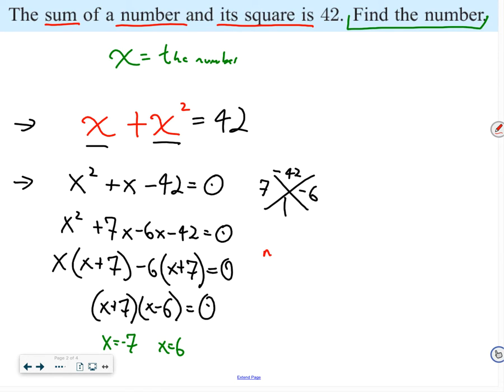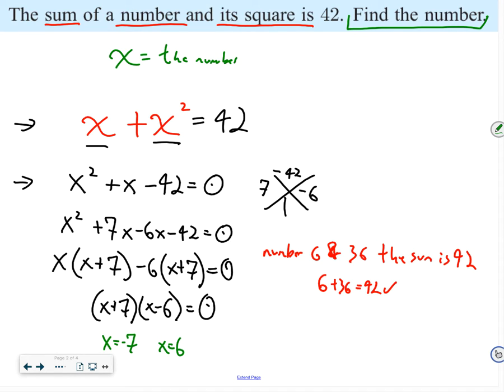So the number 6 and its square, 36, the sum is 42, right? 6 plus 36 equals 42. Check.